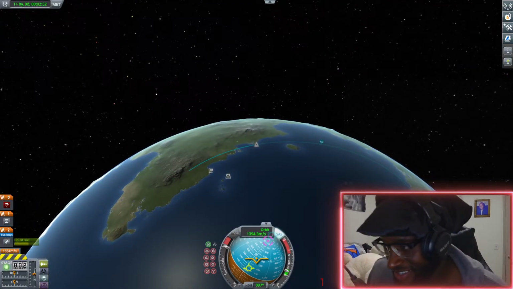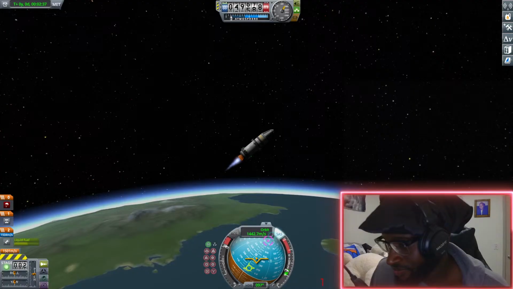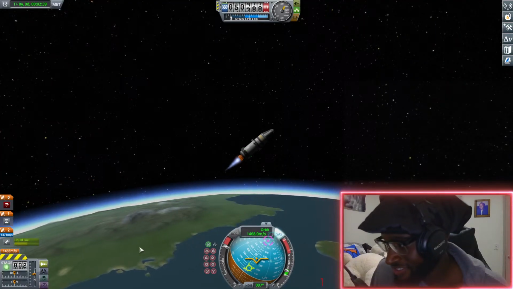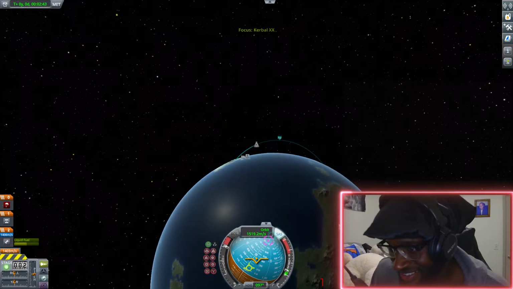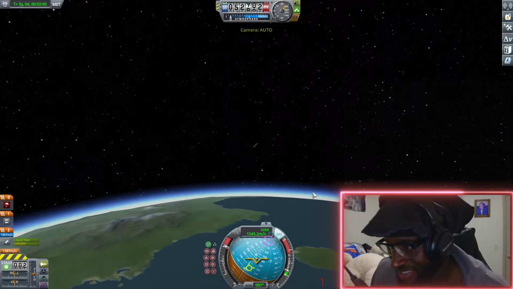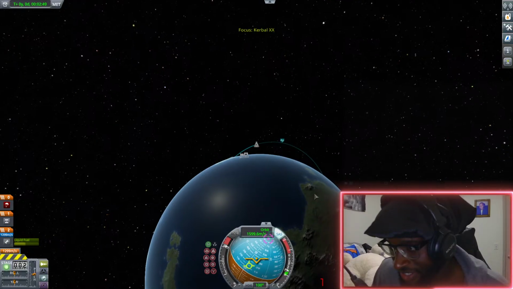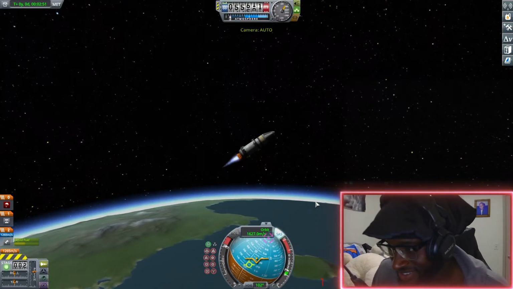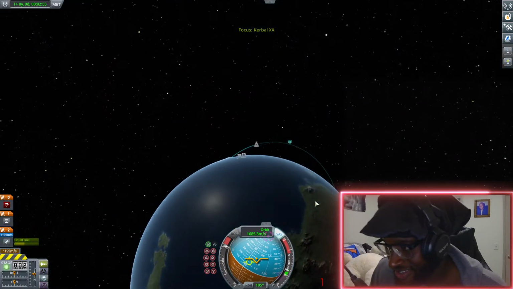It's all good. We can just print more money. I still got a bunch of fuel. I'm good. We can actually orbit. Yeah. We might be able to actually orbit. Hold on. What's the orbital velocity on Kerbin?